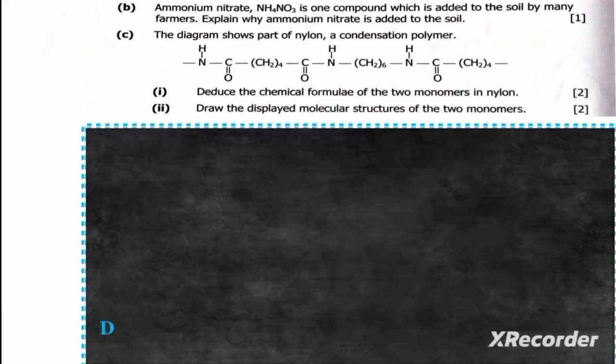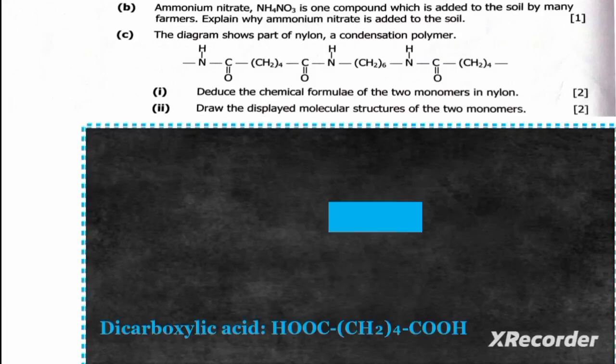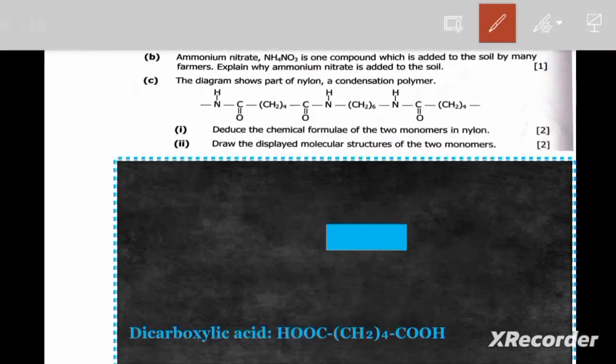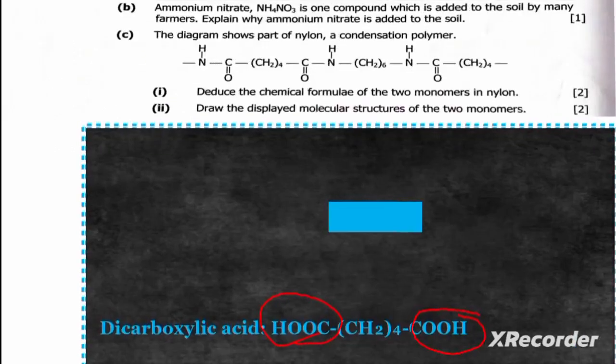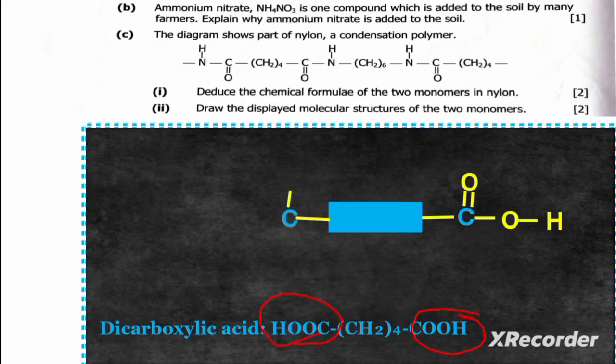This is what we are going to do when drawing the dicarboxylic acid displayed formula. We draw a box here, then this box will be surrounded by COOH. Here we have COOH, and even here we have COOH.